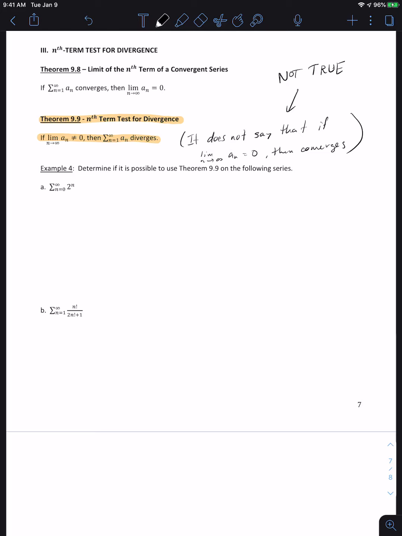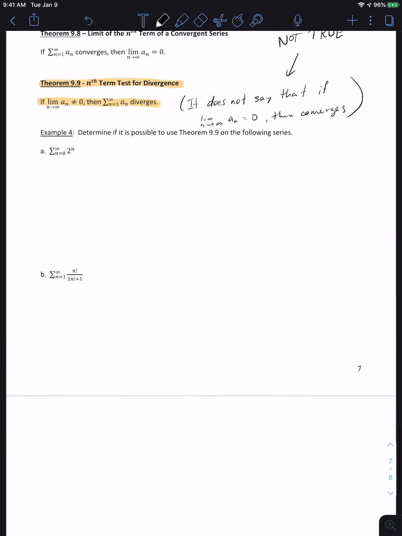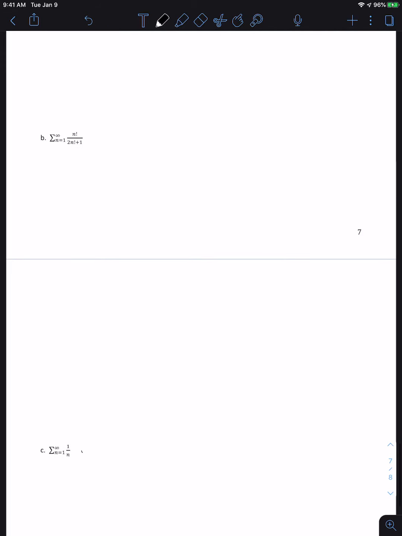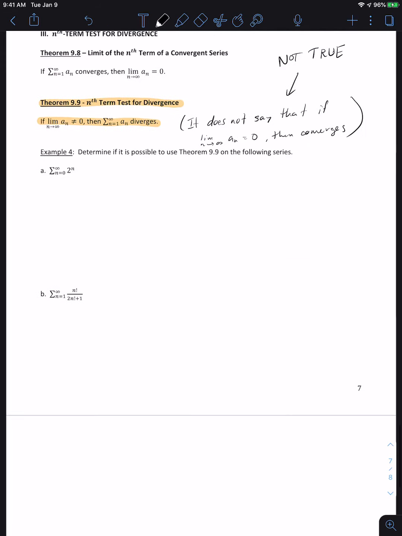I don't have an example here, but there are plenty of examples where the limit as n goes to infinity does go to 0, but the series diverges. Actually, the last example is, now that I think about it, going to be one of those examples. Right? So how do we use this theorem?